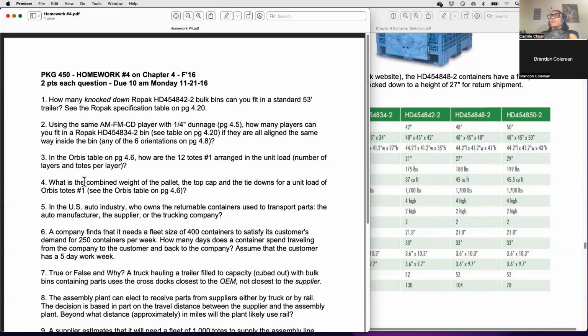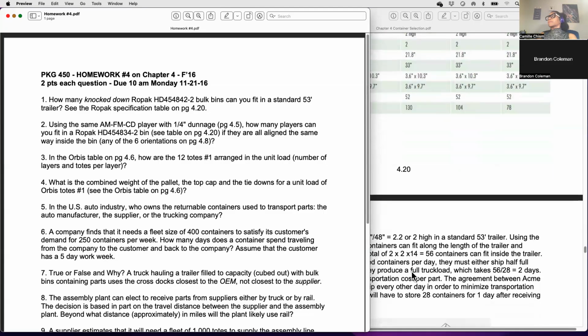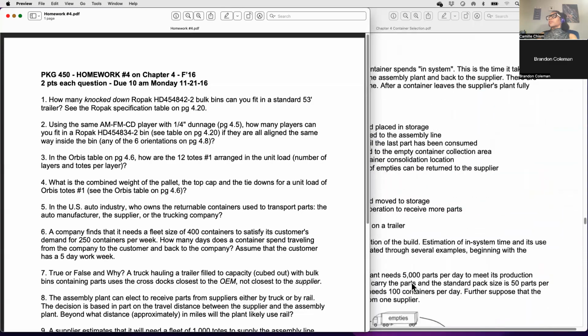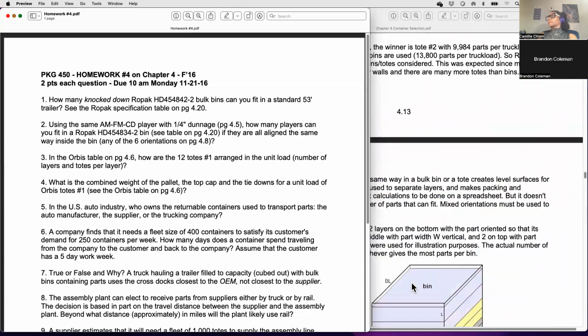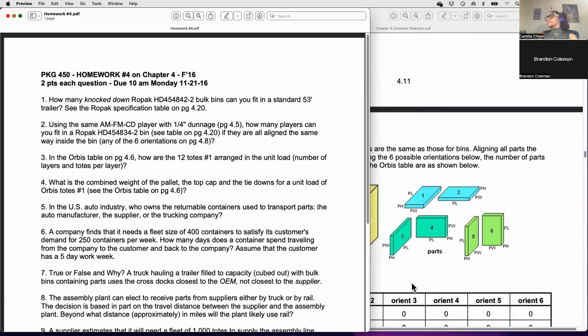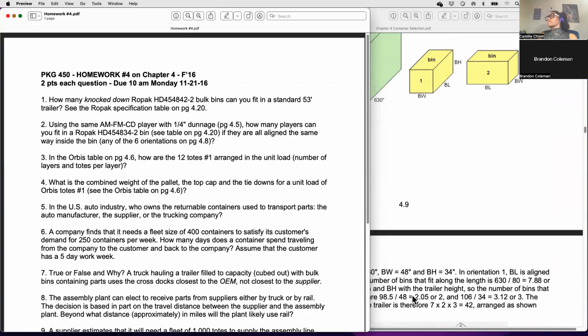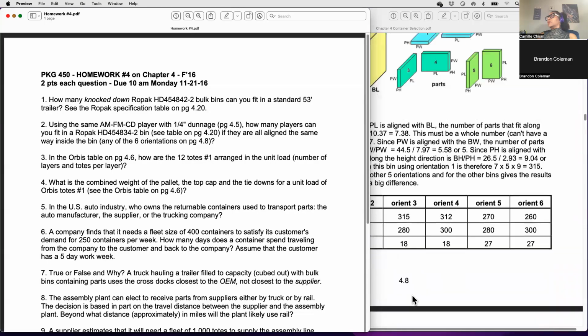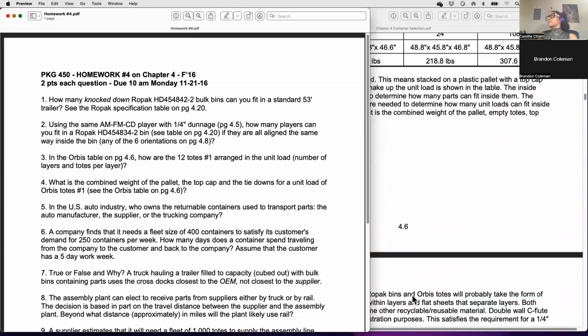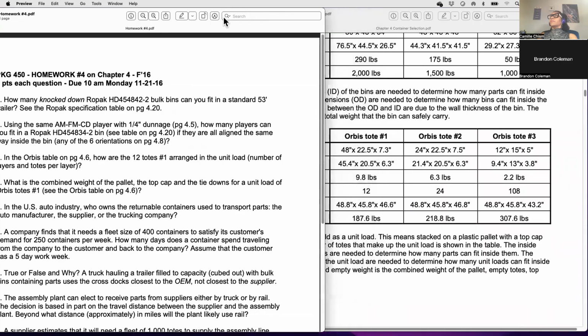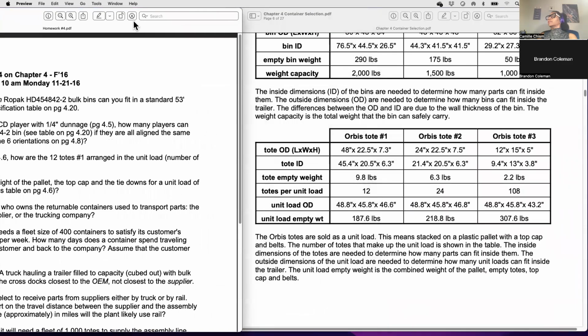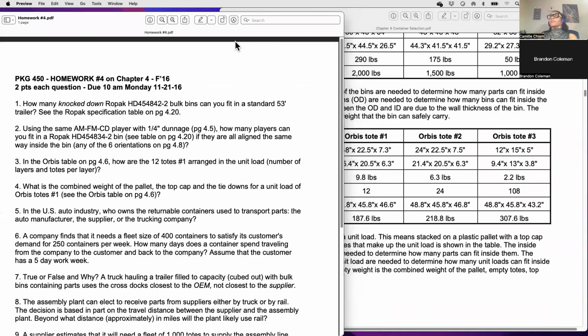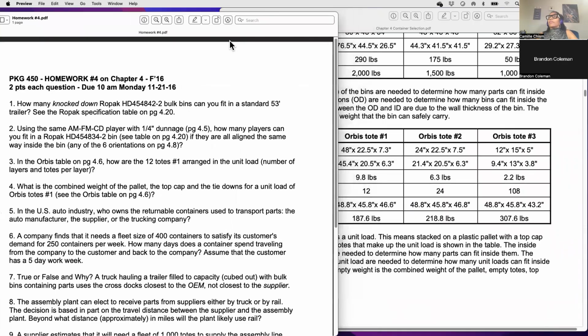Okay, so now the next one is in the Orbis table on page 4.6, which we looked at earlier. Then once you have that table, which was this table here, right? So in the Orbis table on page 4.6, how are the 12 totes in number 1 arranged in the unit load?